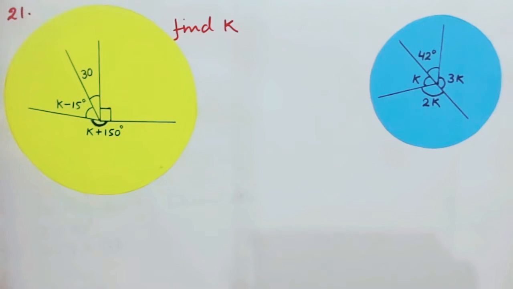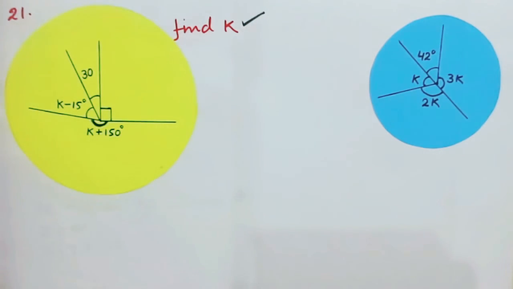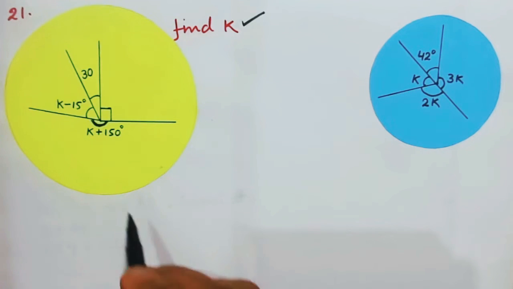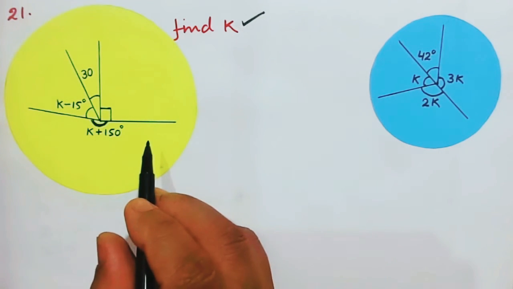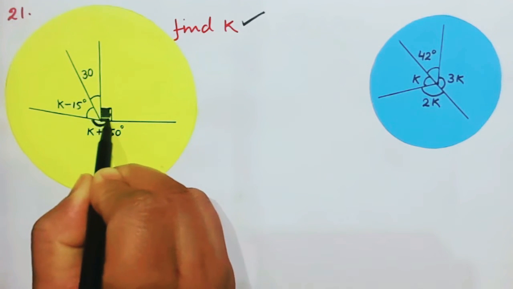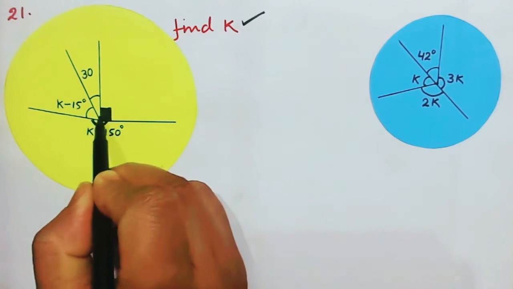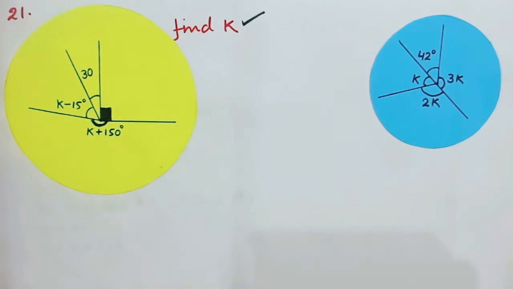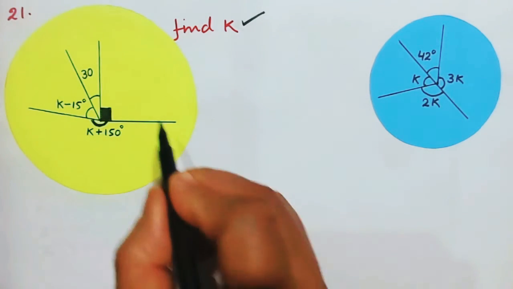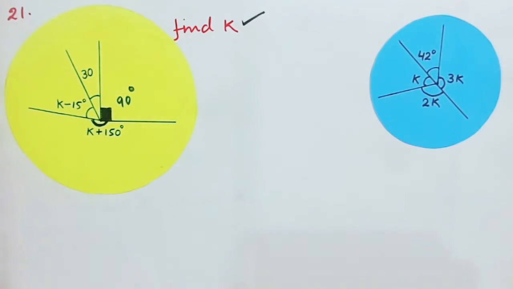Here also the same diagrammatic form of the angles has been given, and they have asked you to find the value of k. One most important thing you have to notice is that they have given you an angle of 90 degree. This is the sign of 90 degree. Wherever you see this square form, please take it for granted that they have given you that angle is equal to 90 degree.